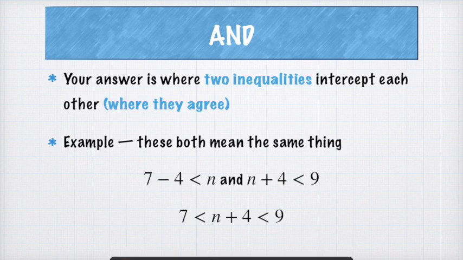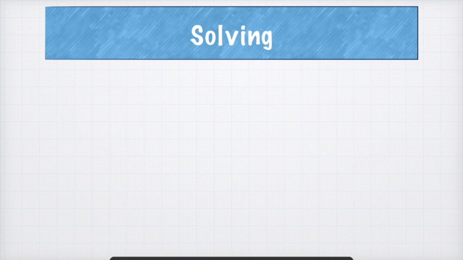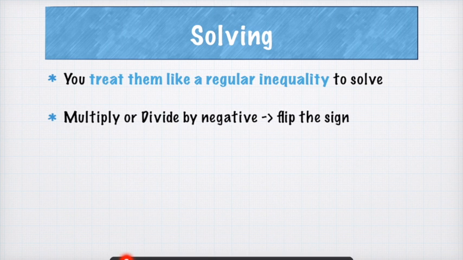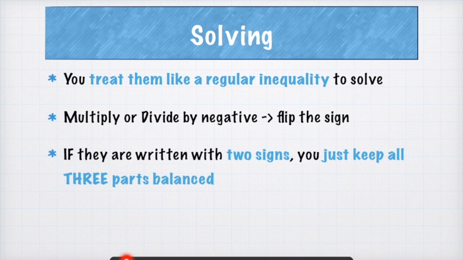So let's talk about solving. Basically, you're going to treat them like a regular inequality when you solve it. The only thing is that you're going to be doing it with two of them. Remember, if we multiply or divide by a negative number, we're going to flip the sign. And if they're written with two signs, we're going to want to keep all three parts balanced. Remember before we'd have two sides, so if we added 3 to one side, we had to add 3 to the other.